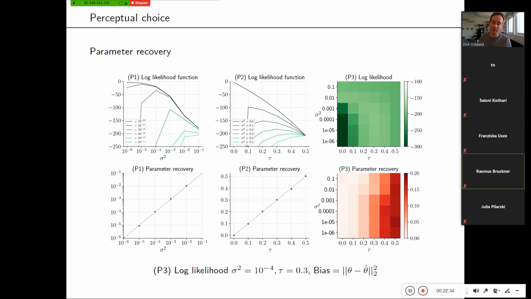So we do a little bit more in the sense, but we also have it quite easy here because we have very few parameters. So we try to basically generate data over the entire parameter space, and we then try to recover the parameters. This works if you have small parameter spaces.